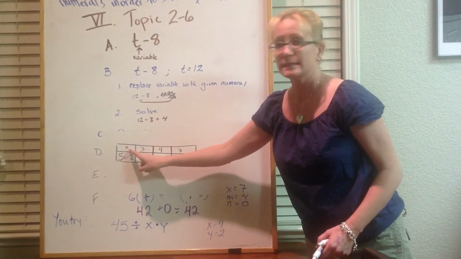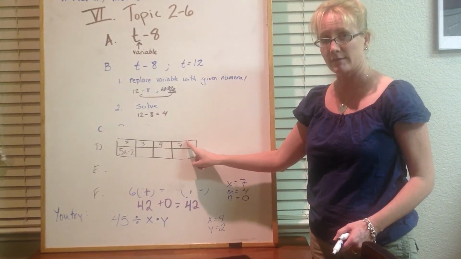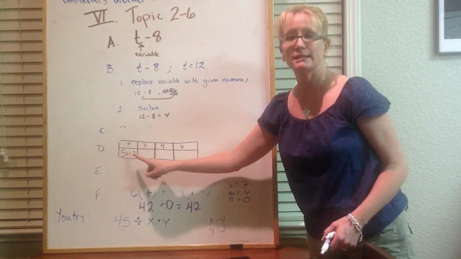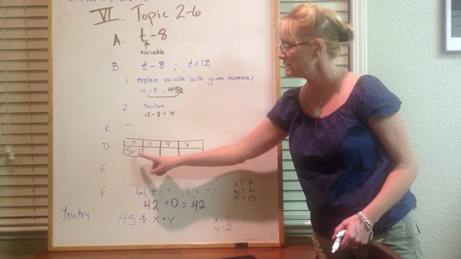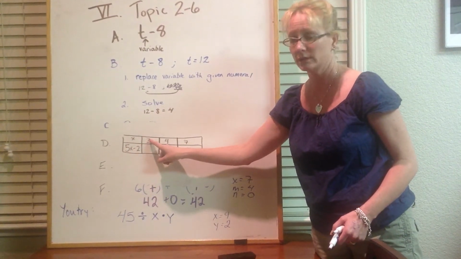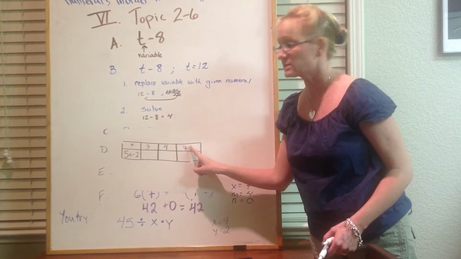It says that x equals 3, x equals 4, and x equals 7. And then down here it has the equation, 5 times x minus 2. What they want us to do is replace the x the first time with 3 and solve, then replace the x with 4 and solve, and then replace this x with 7 and solve.